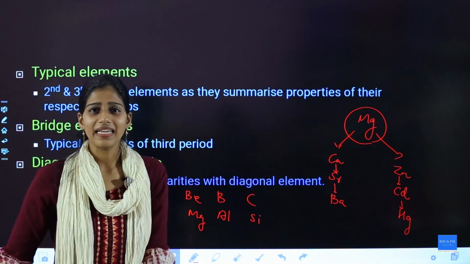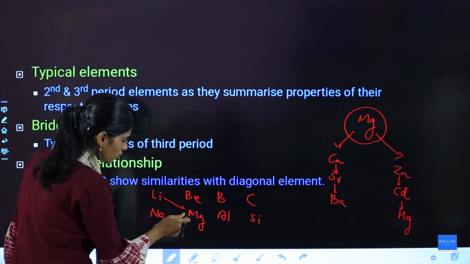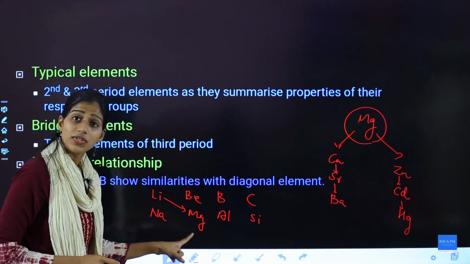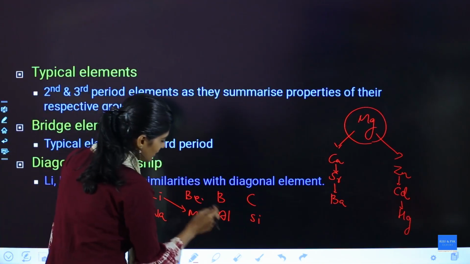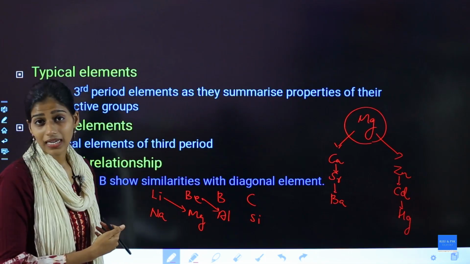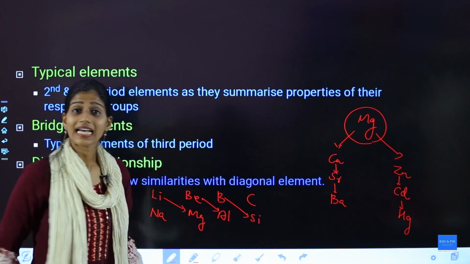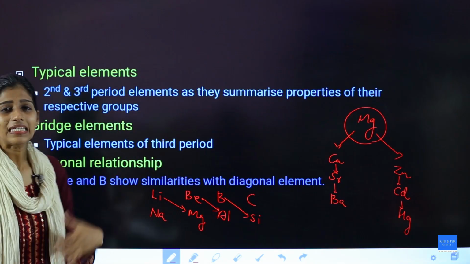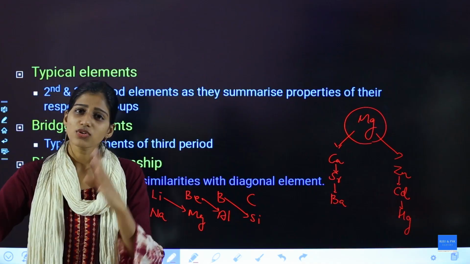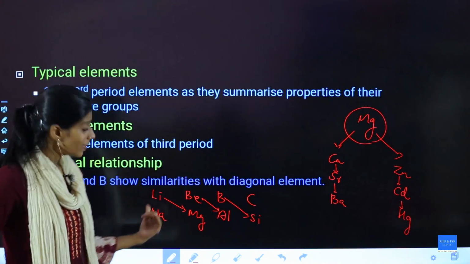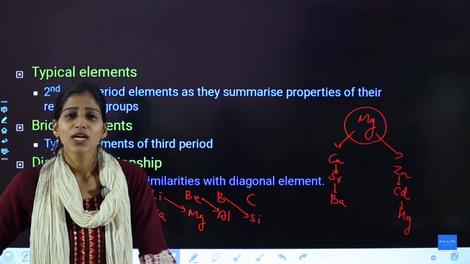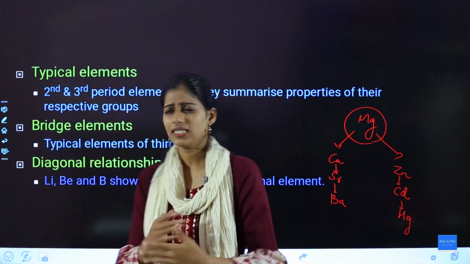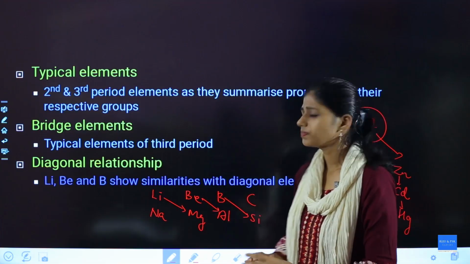It is always seen that lithium is also having similarity with the diagonally existing element, which is magnesium. Beryllium has got another connection with aluminium, and boron is having a connection with silicon. So, these three elements, lithium, beryllium and boron, show similarities with the diagonally existing element, which is known as diagonal relationship. Okay, so this is a little idea about the diagonal relationship.